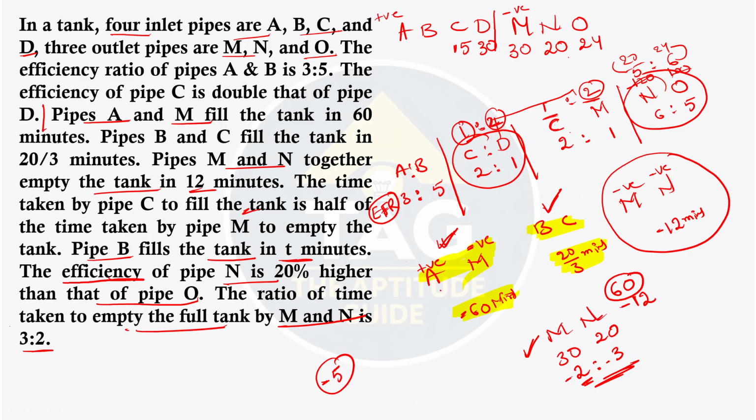If you pick this, I know that M can empty the tank in 30 minutes. Okay. And let us try to find the total capacity of the tank. So LCM of these numbers.